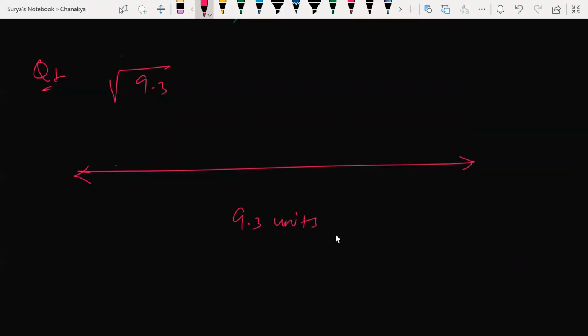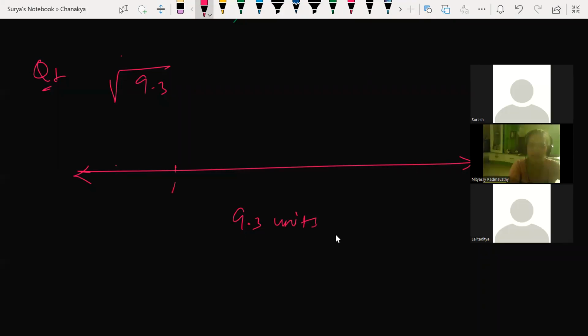So first of all, let us mark A, B, C. Sir, they should all be of equal length? No, they need not be. I'll tell you, wait. Guys, I'm not able to write smoothly with this pen. Just a minute.